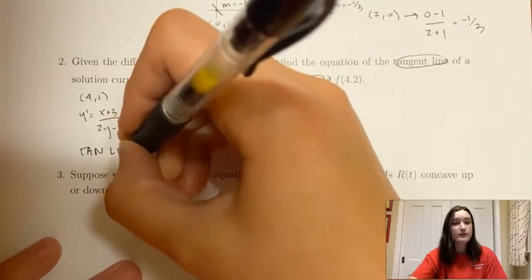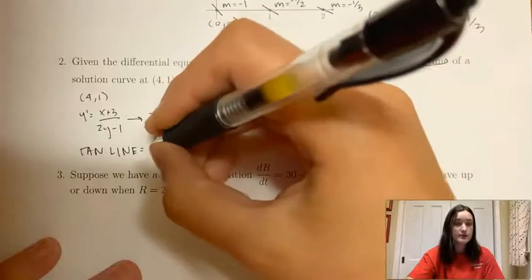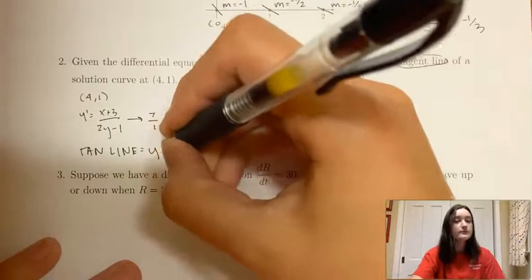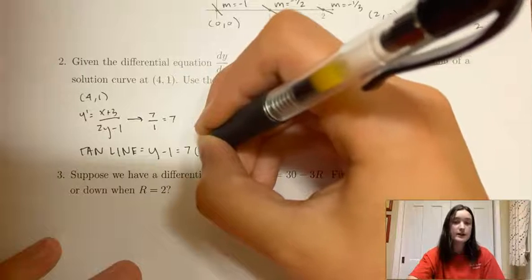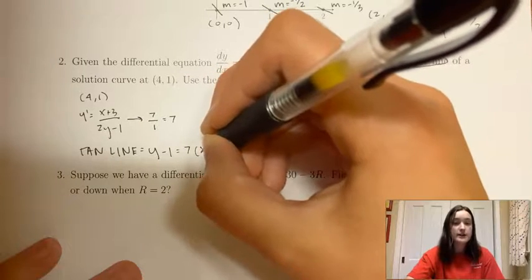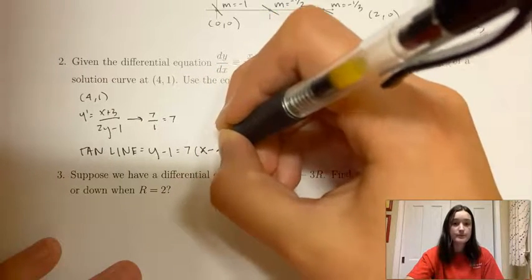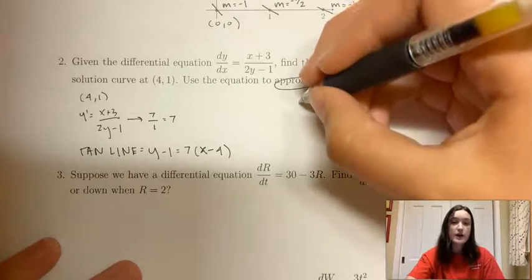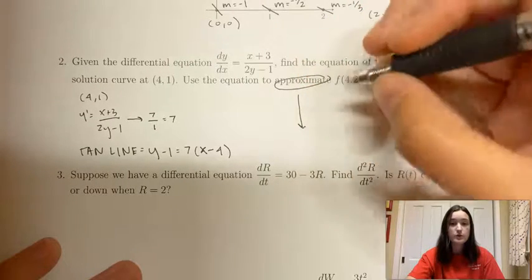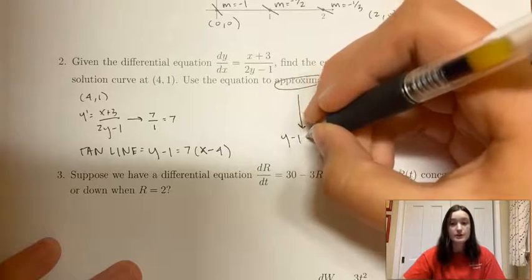So I'm going to have, let's see, y minus 1 equals, and then I have that slope that I found by plugging in the point, 7 times x minus 4. Okay, and then the next step here is to approximate. So we're given f of 4.2, the 4.2 being in the place where an x usually is.